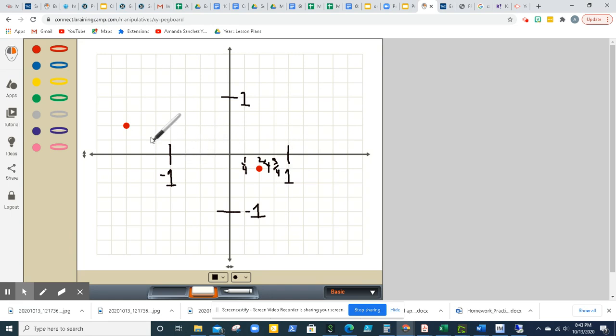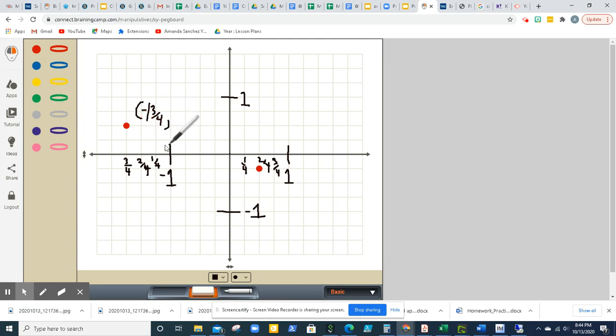So now if we graph this first point, if you start at your origin, which is where you're supposed to start, you have -1. This would be -1 1/4. This would be -1 2/4. And this would be -1 3/4. So the first part, your x value would be -1 3/4.